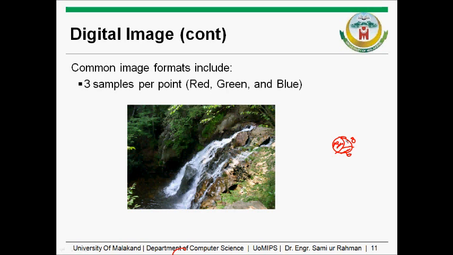You might have studied this in your graphics class. So each pixel takes 3 values, and each pixel is formed from different combinations of red, green and blue.